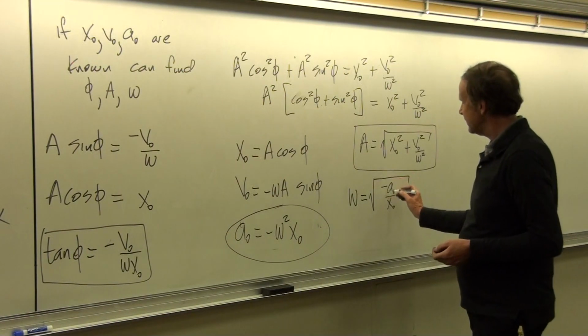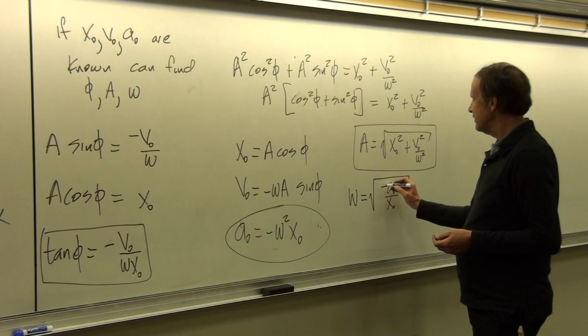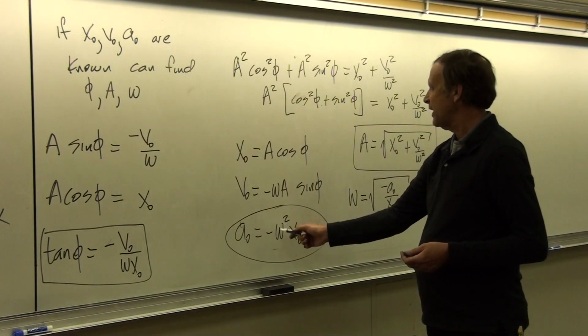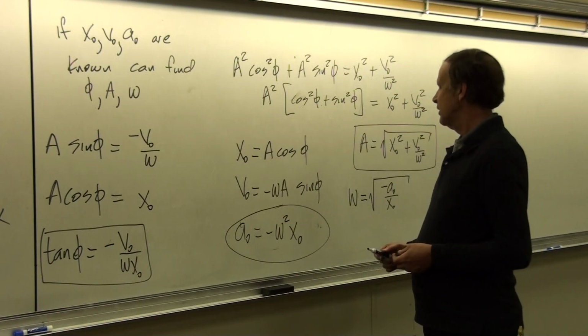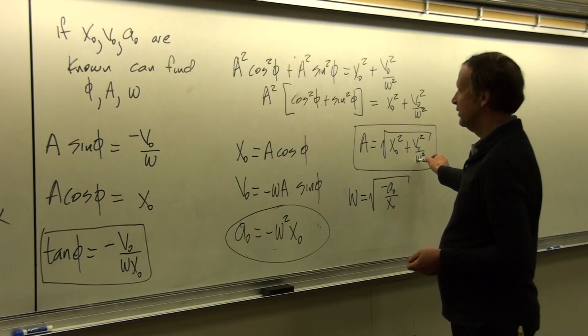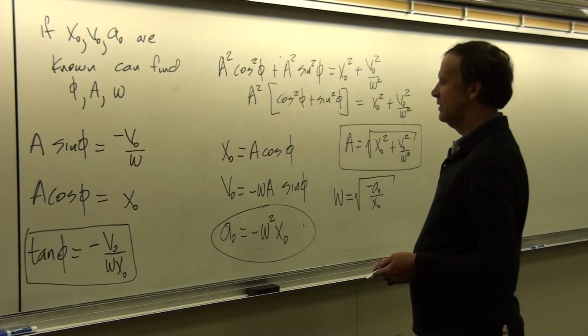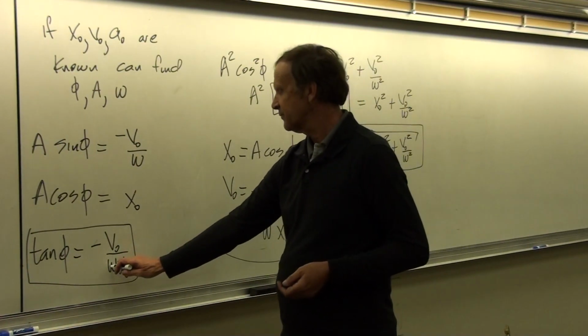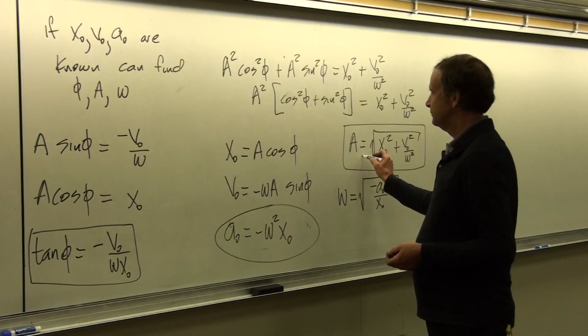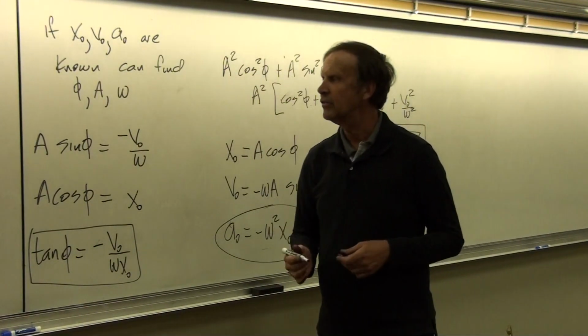So that automatically cancels out this negative sign, and it gives us the result that we're looking for, which is a positive value for the square root of a naught over x naught. So that can go into both of these expressions for omega and allow us to solve for phi and A. And so now we know all three of those.